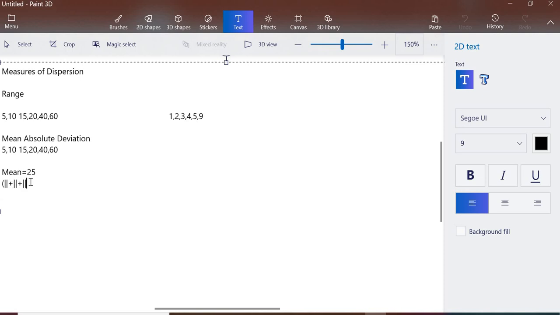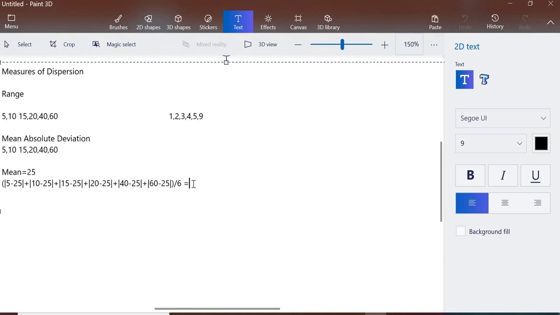This way it will be easier for us to calculate, because we don't have to use the pipe again. So here: 5 minus 25, 10 minus 25, 15 minus 25, 20 minus 25, 40 minus 25, 60 minus 25.